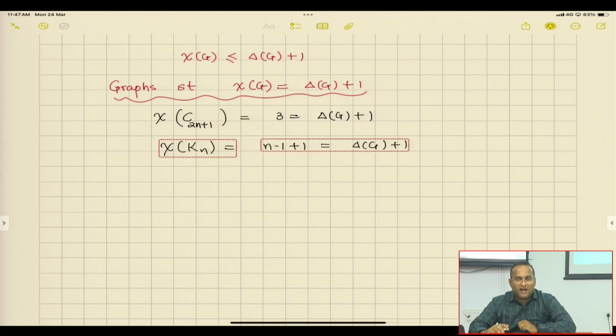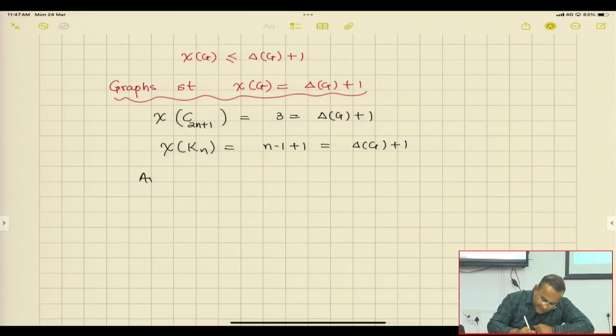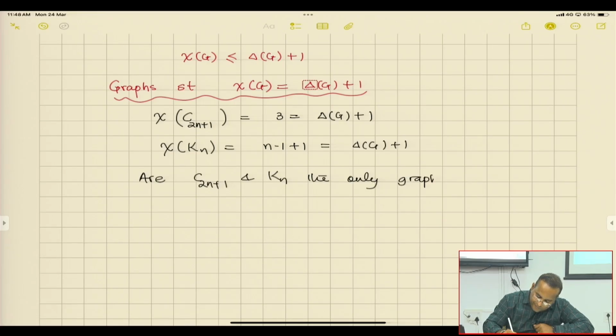Now the question is, are these two classes of graphs, C2n plus 1 and Kn, the only graphs satisfying chi G is equal to delta G plus 1?